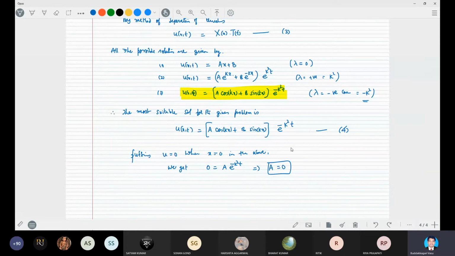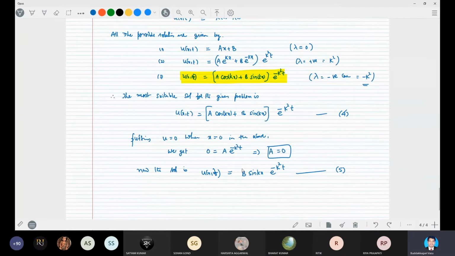So if a is equal to 0, what is the resultant solution? u of x comma t, this term becomes 0. It is b into sin kx into e power minus k square t, right? This is the solution.